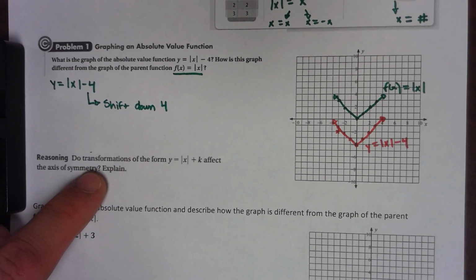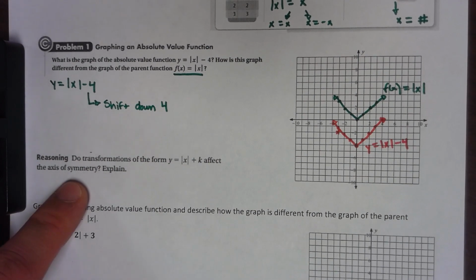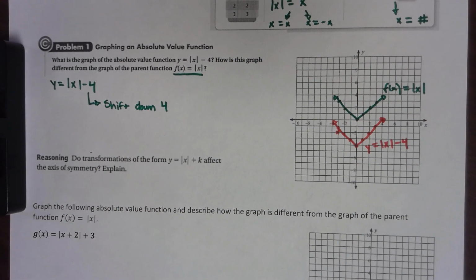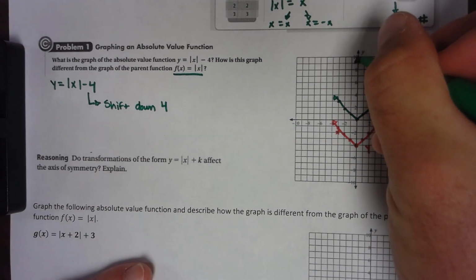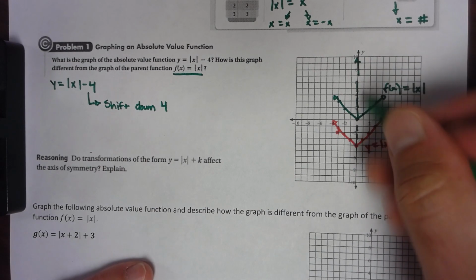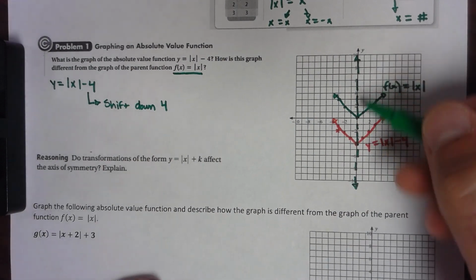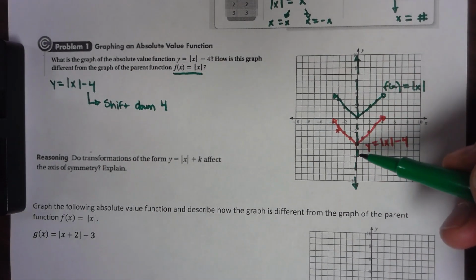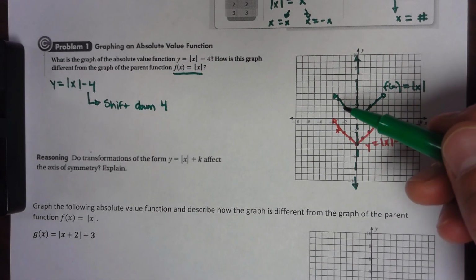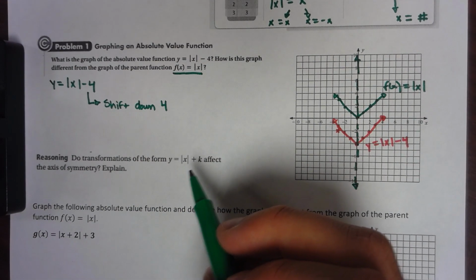Right, so in general, the transformations of the form y equals absolute value of x plus k affect the axis of symmetry. Explain. Well, if we look at our axis of symmetry for our original function, okay, again, that's going to be the line that draws through the vertex. And look what happens. I'm drawing that line that also passes through the vertex of our new function. So in this case, does the transformation of shifting it up or down affect the axis of symmetry?